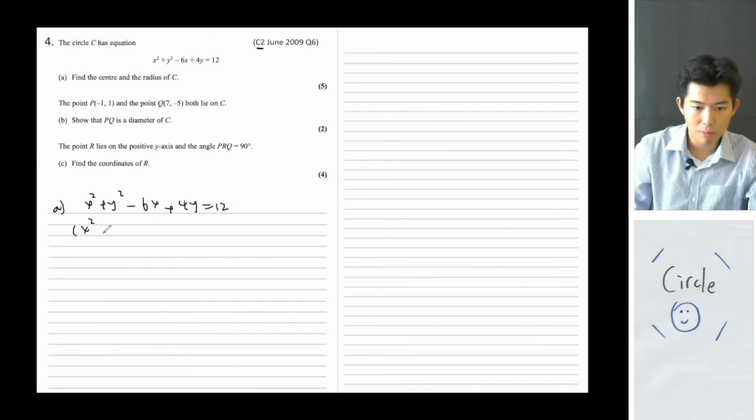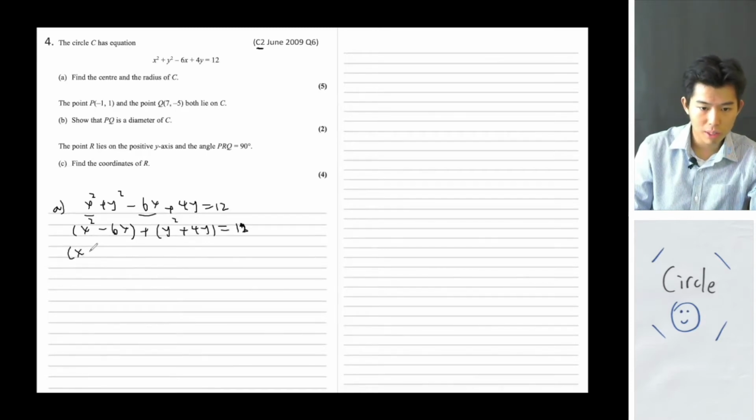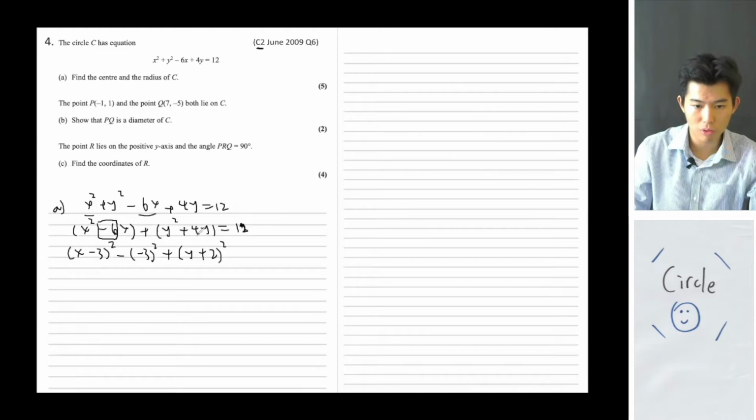Bracket x squared minus 6x, plus y squared plus 4y equals 12. (x minus 3) squared, because this one is divided by 2, subtract negative 3 squared, plus (y plus 2) squared, because plus 4 divided by 2, minus positive 2 squared equals 12. (x minus 3) squared minus 3 squared will be 9, plus (y plus 2) squared minus 4 equals 12.